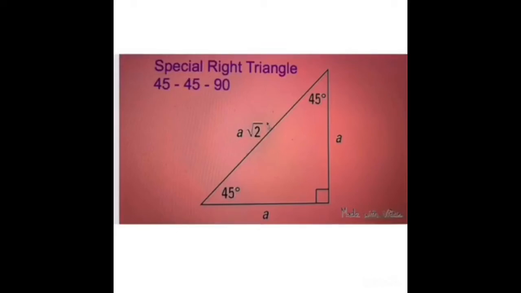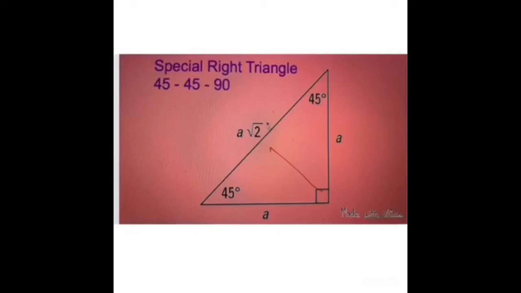Let's say the one across 45 is A. Then it's an isosceles triangle because these two angles are the same, meaning the two legs are going to be the same. So the other one is also going to be A. And the one across 90 degrees can be found by doing A times the square root of 2.